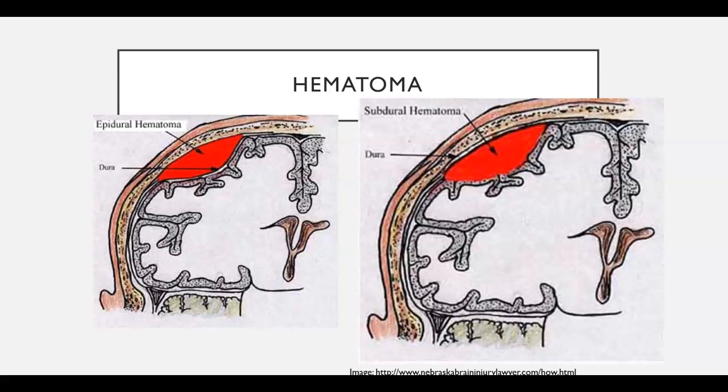Okay, so we mentioned earlier how you can have bleeding that occurs or space that occurs between the different layers. So here's an example of epidural hematoma. So this space has occurred between the cranium and the outer layer of the dura mater, and so that's epidural hematoma. And then here, bleeding has occurred below the dura mater and into the arachnoid space, so that's subdural hematoma.